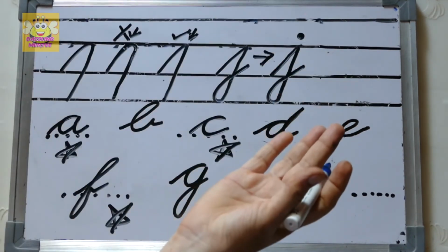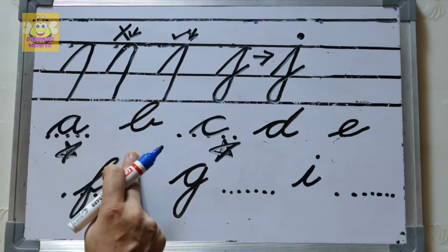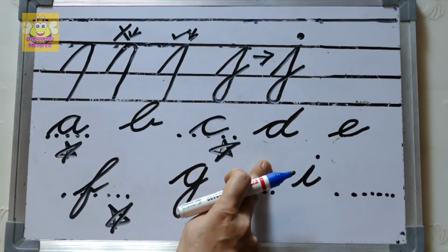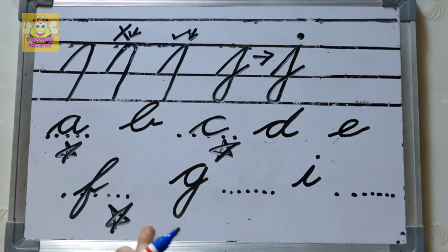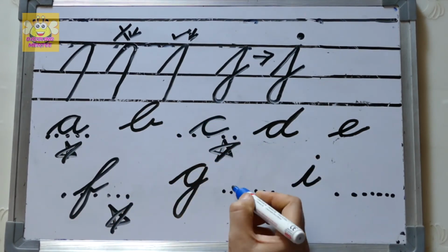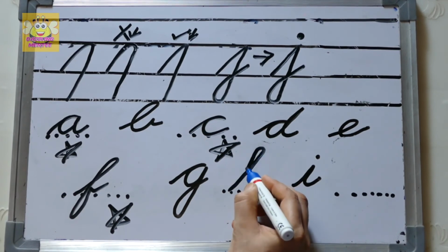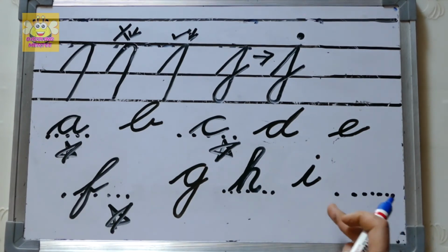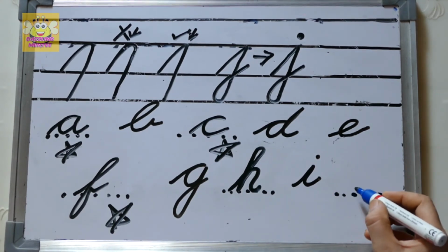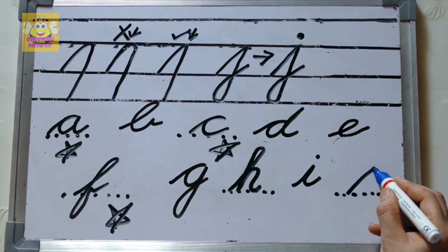Let the child revise again. A, B, K, D, A, F, G, H. Wow! Let the child write it. H, E. And which alphabet is missing? J.